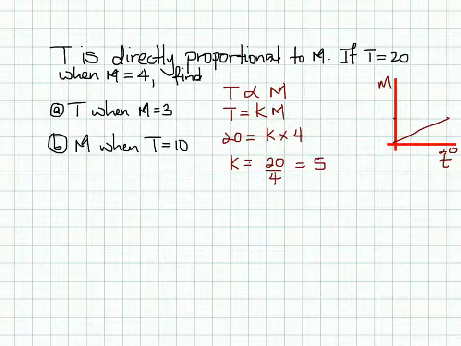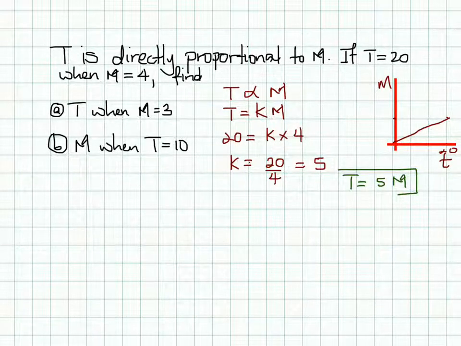Now that I know k is equal to 5, I'm going to write down my main equation, and I'm going to circle it just to make sure I don't forget it. My main equation now says that T is equal to 5M. This is the main equation I need to operate from. It means that my k is now 5, and I have substituted it in there. Whatever I do for the rest of this question, this is the equation I need to use.